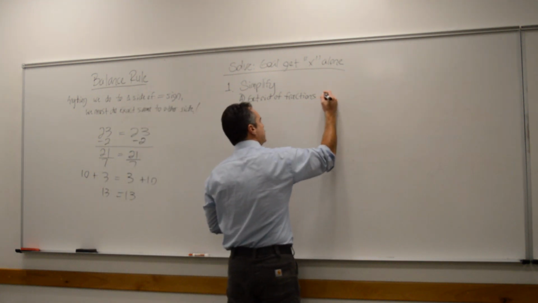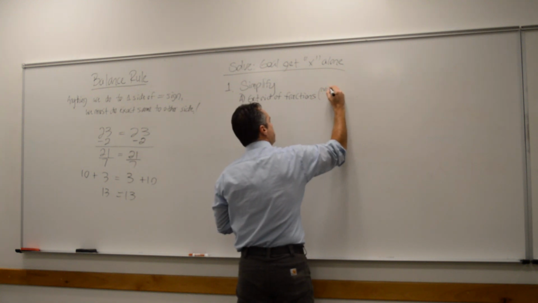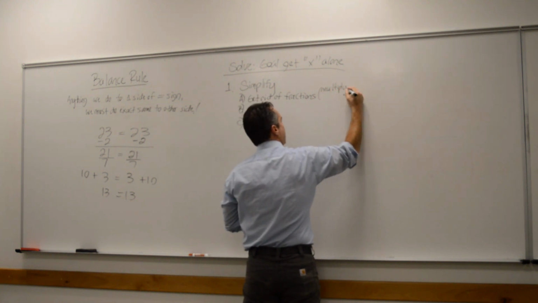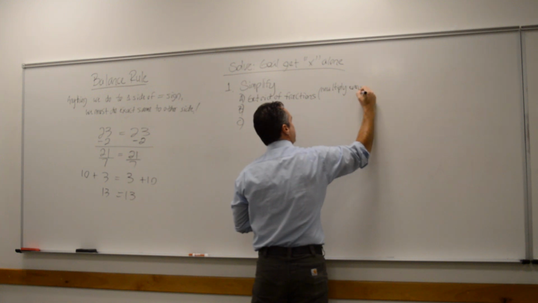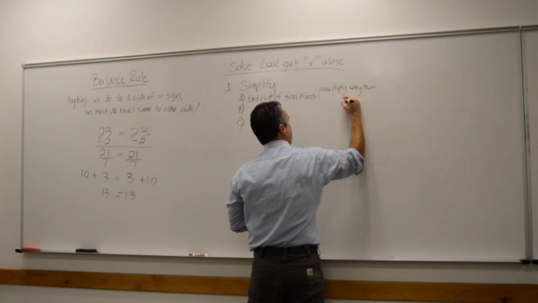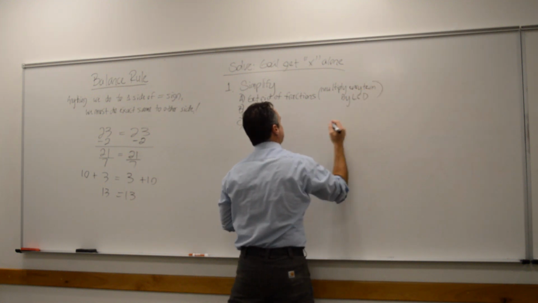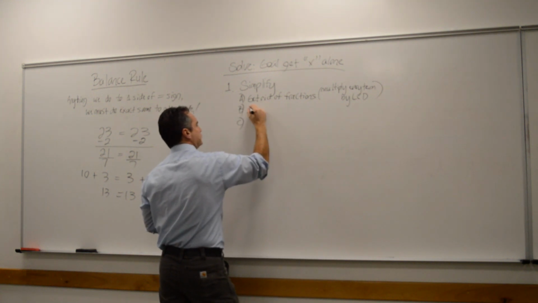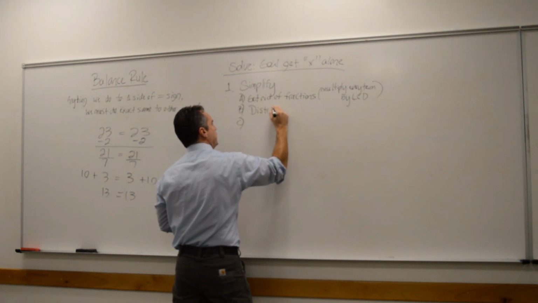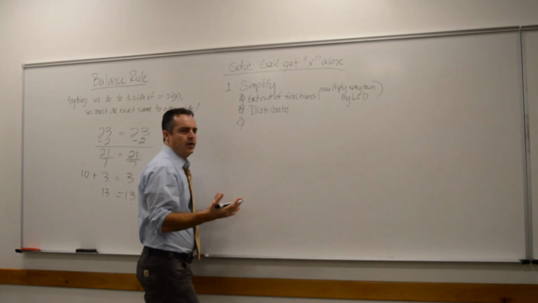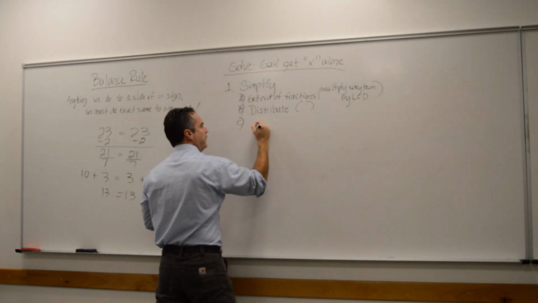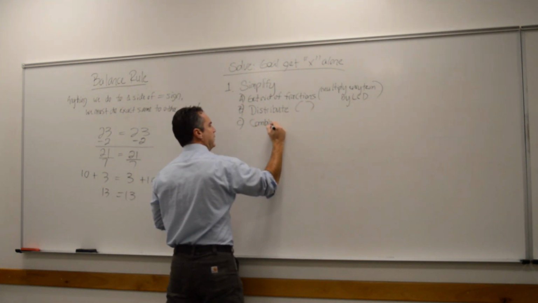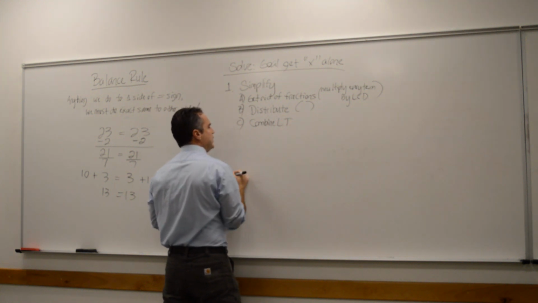We're going to get rid of fractions, and the way we do this is we multiply every term by the LCD. The second thing is we are going to distribute. What do we distribute? Parentheses. And finally, we are going to combine, that's right, LT for like terms.